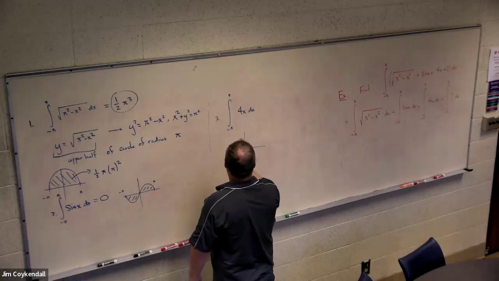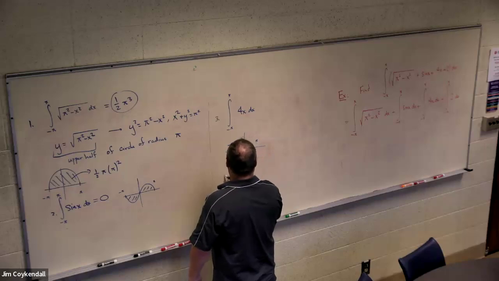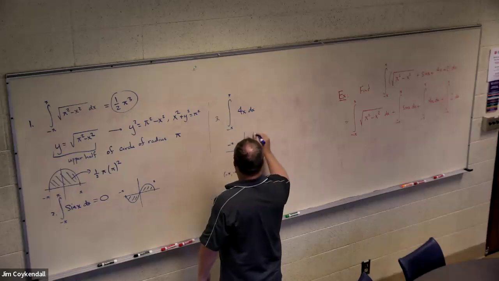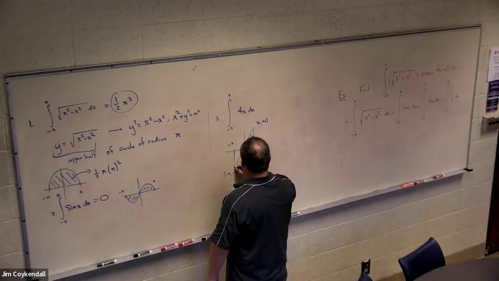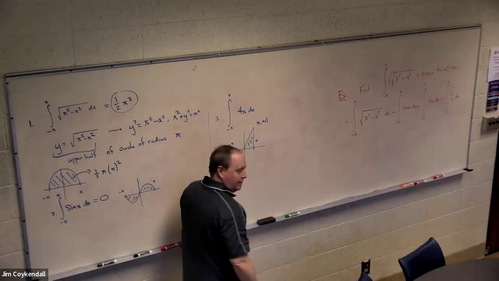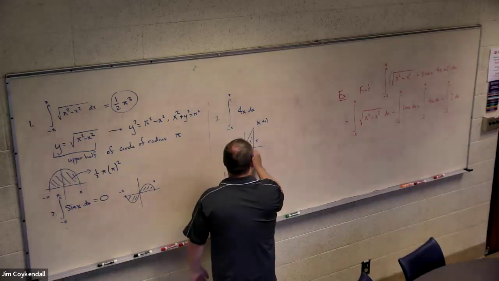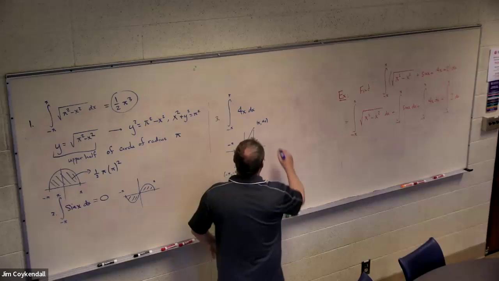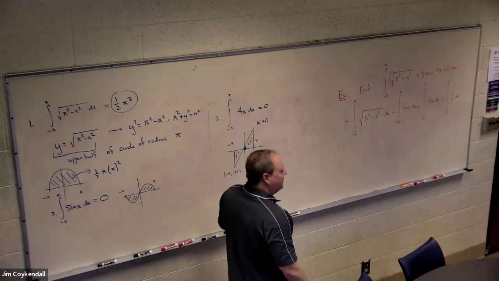So this looks like minus pi to pi, so this is minus 4 pi, and this is 4 pi. Cancellation, right? This area and this area are the same, plus and minus.